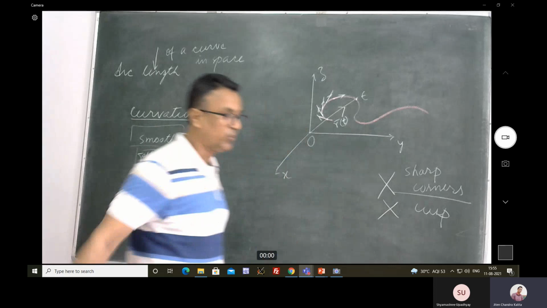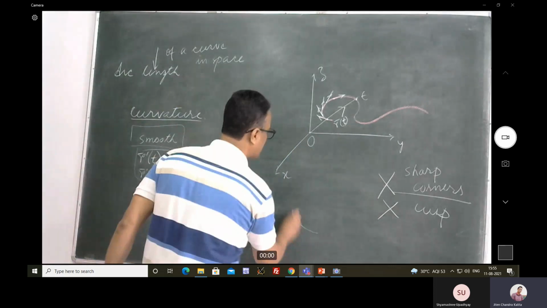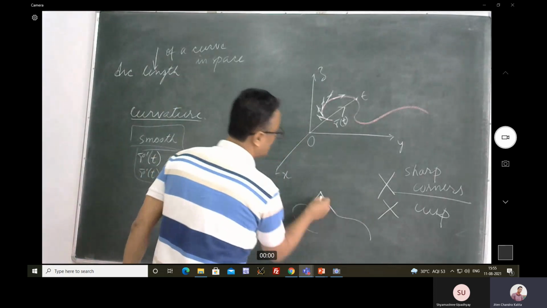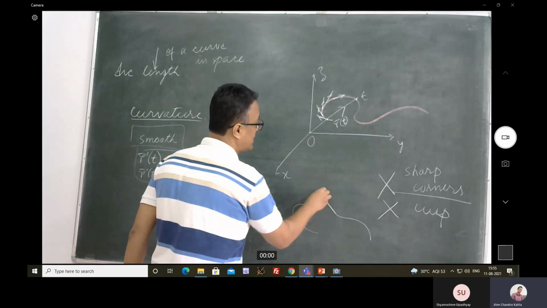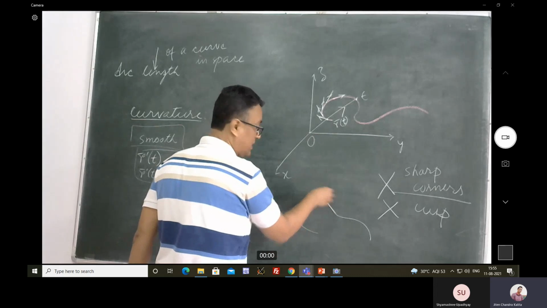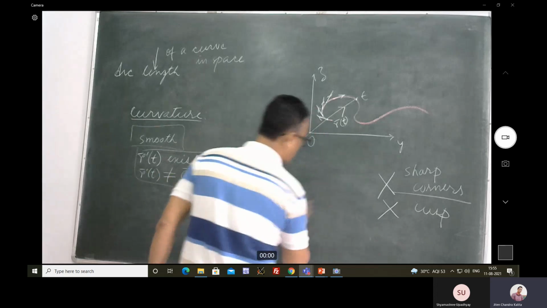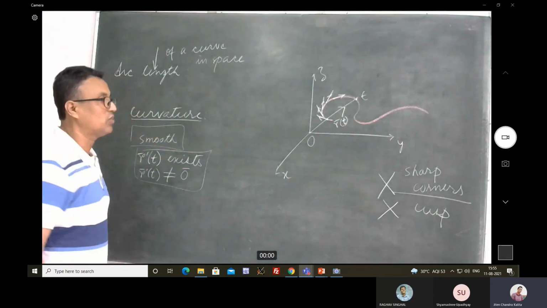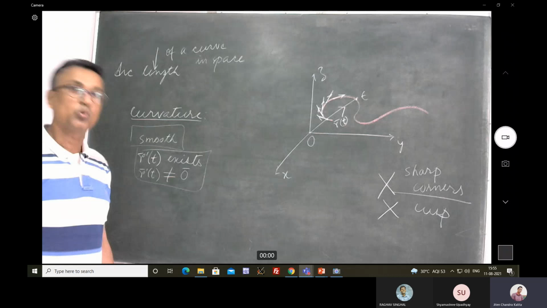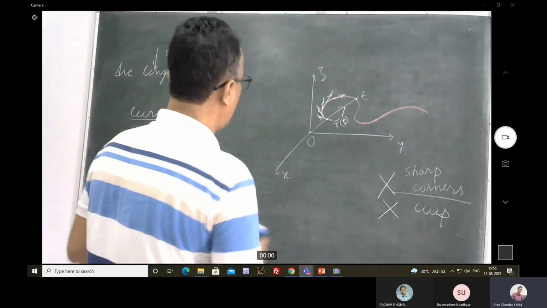This we don't want. I shouldn't get something like this, where I have a sharp corner. In that case, this is not going to be smooth. Whenever we talk about curvature, we are going to talk about the curvature of smooth curves.